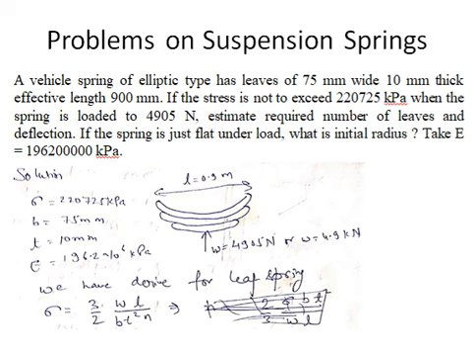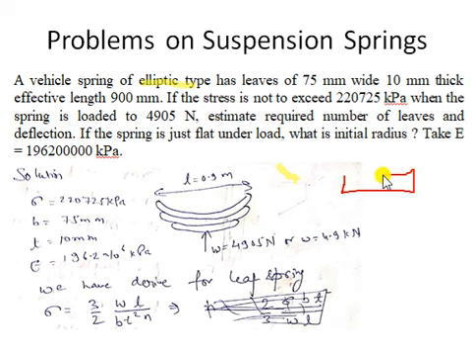Okay, so this is one kind of leaf spring, the elliptic leaf spring here. It has 75 mm width. If I try to draw the blade of a leaf spring, it is kind of like this.